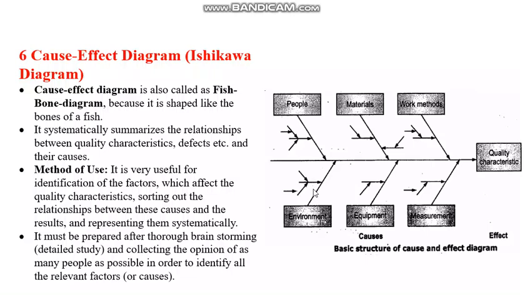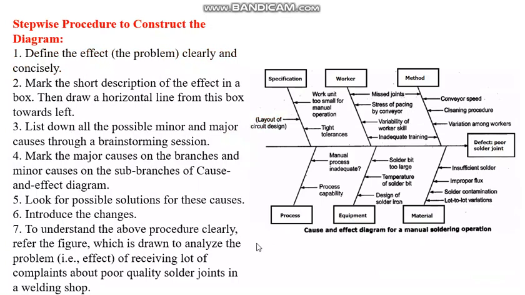Many people can join together and discuss, and they can brainstorm, collecting the opinions of as many people as possible in order to identify all the causes, all the relevant factors which are responsible for this quality characteristic. Now let us see a stepwise procedure for constructing this diagram.